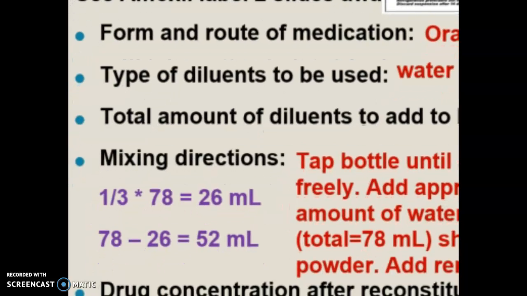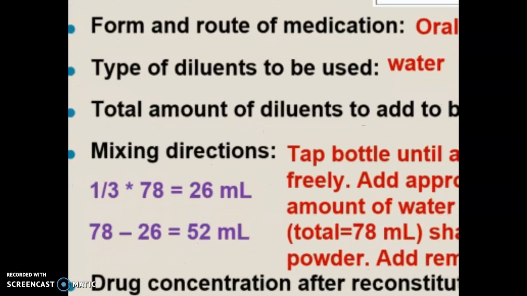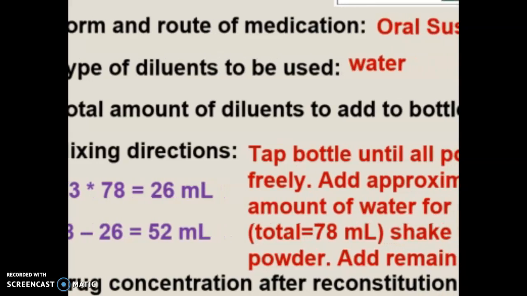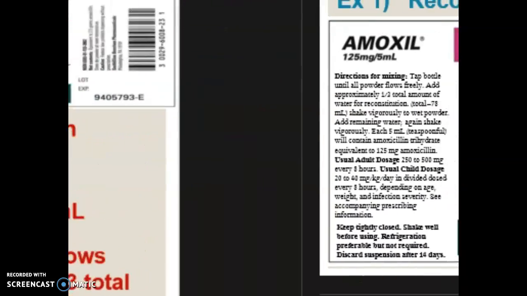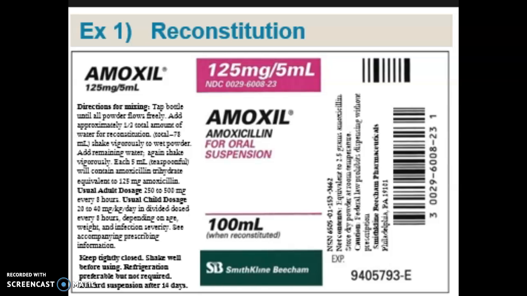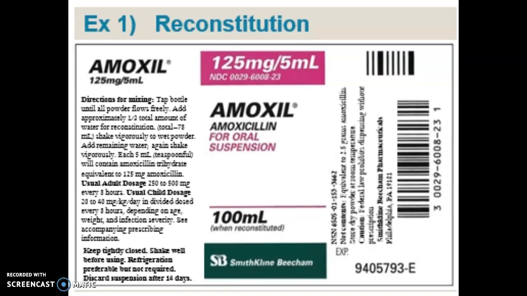Next question wants to know, what is your drug concentration after reconstitution? So let me slide you back over here to the label. I apologize for this. The drug concentration after reconstitution. Is it in here somewhere?